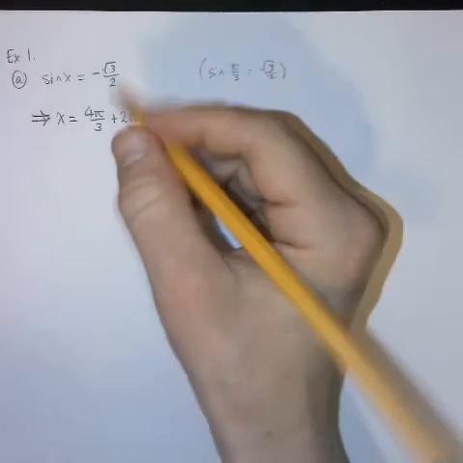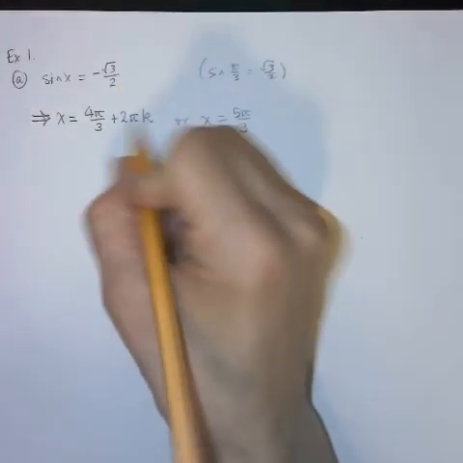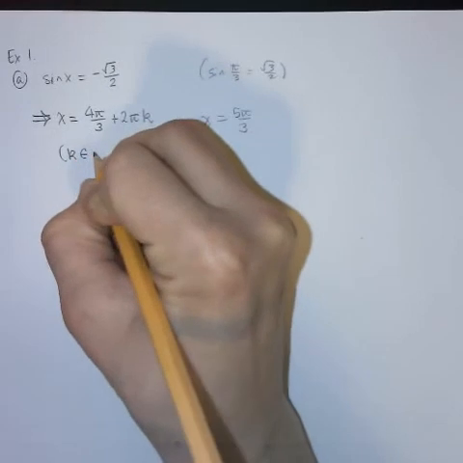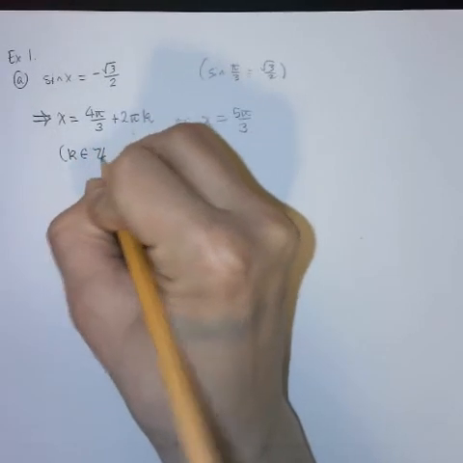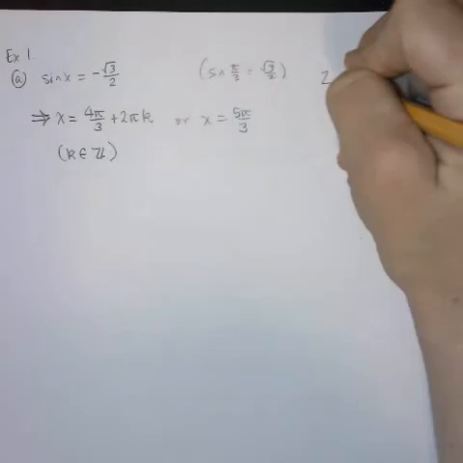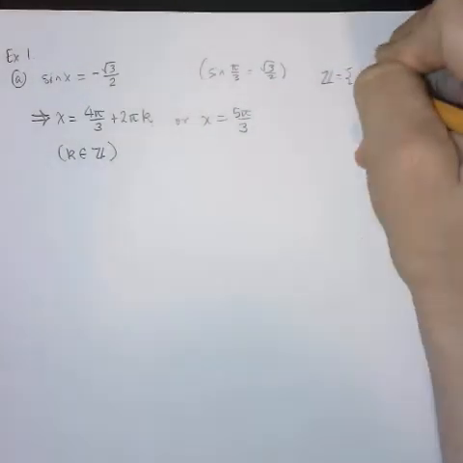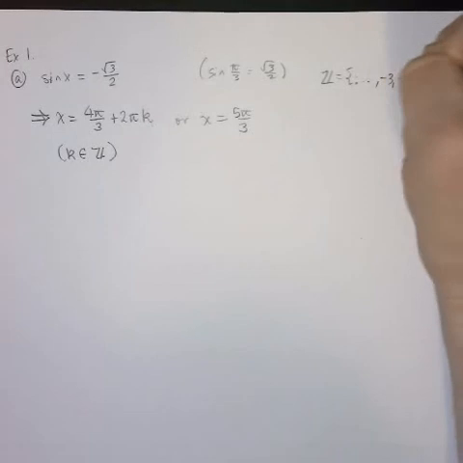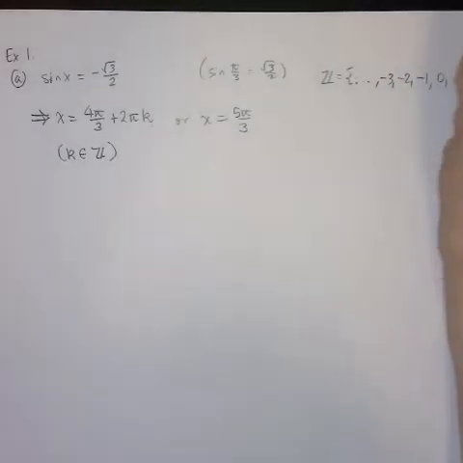And the k here stands for any integer. And z stands for the integers, so positive and negative whole numbers, in other words, and 0.